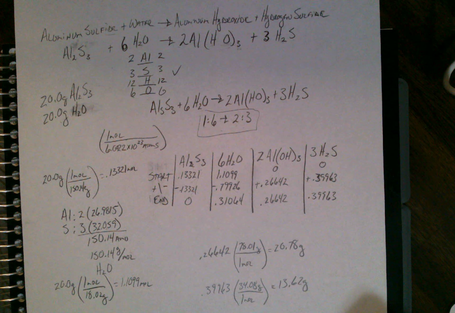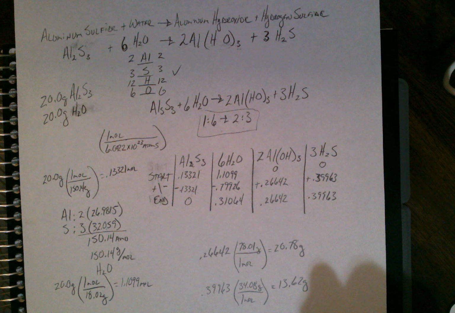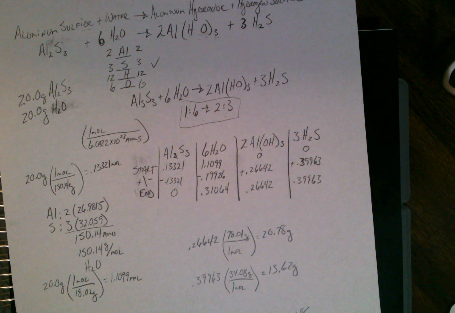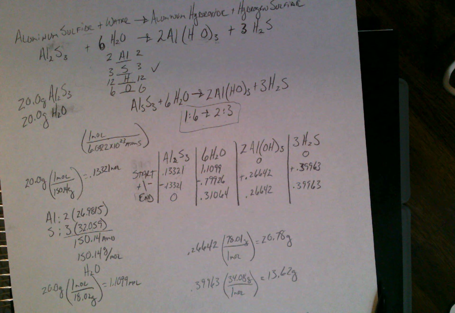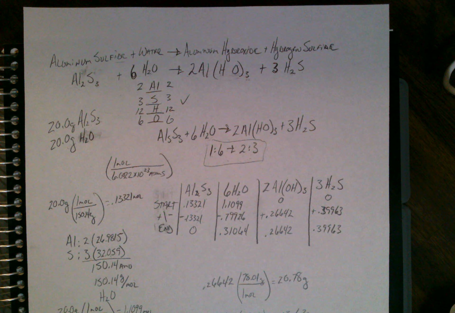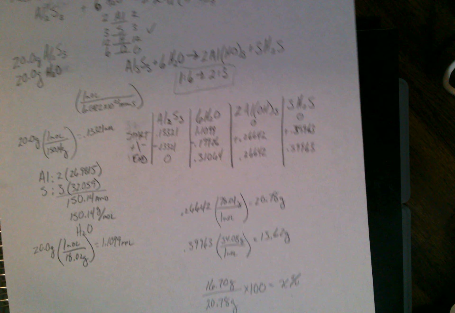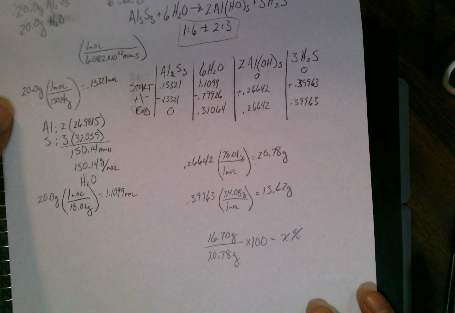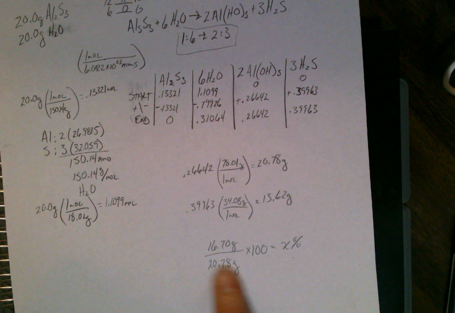It'll give you a percentage that tells you exactly what your percent yield was. And if you conduct the experiment in exactly the same way, you will get that percentage yield. Oh, I didn't realize you couldn't see the bottom of the page there. But yes, that is the formula for figuring out the percent yield.